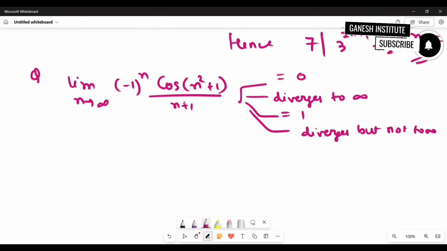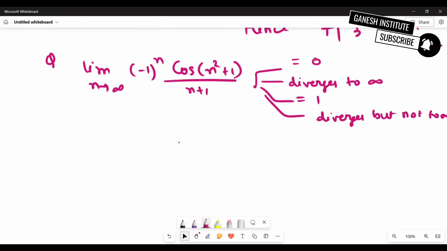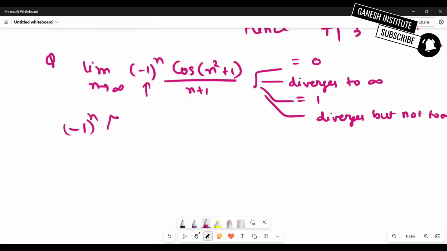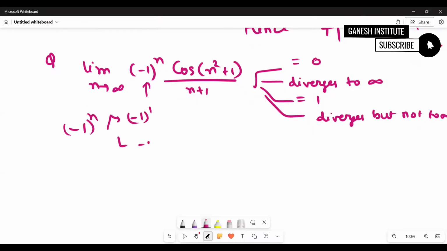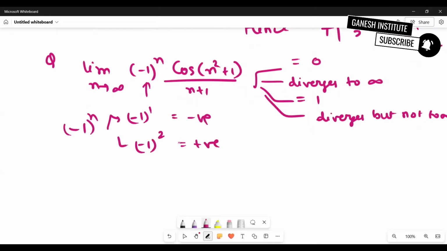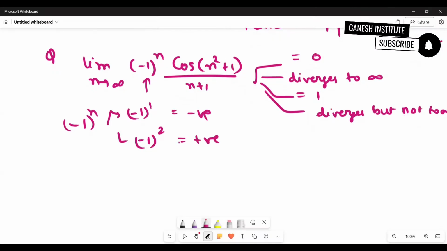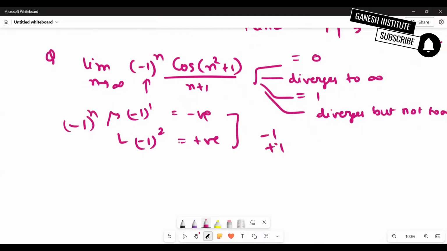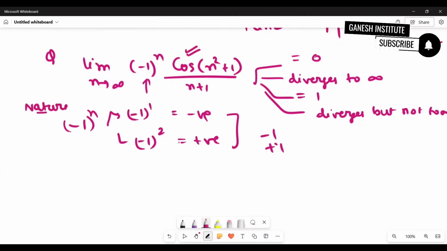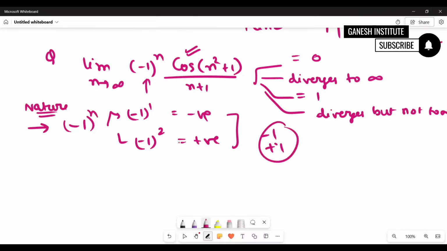So firstly, you can see I have minus 1 raised to power n, which you know is an oscillating function. Sometimes it gives me a negative value, sometimes positive. So it will always alternate between -1 and +1. And then you have this cos, and if you want to find out the nature of every part, first is -1, which is oscillating between these two values.